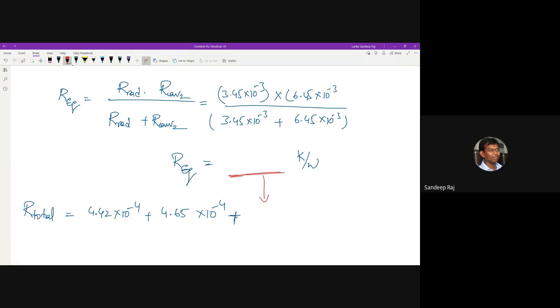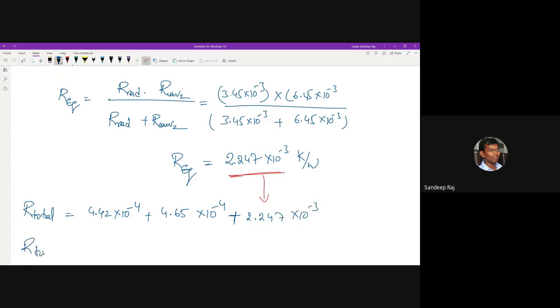R equivalent. 2.247 into 10 to the power of minus 3.